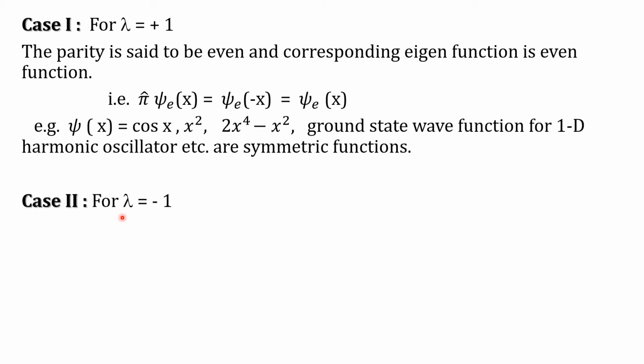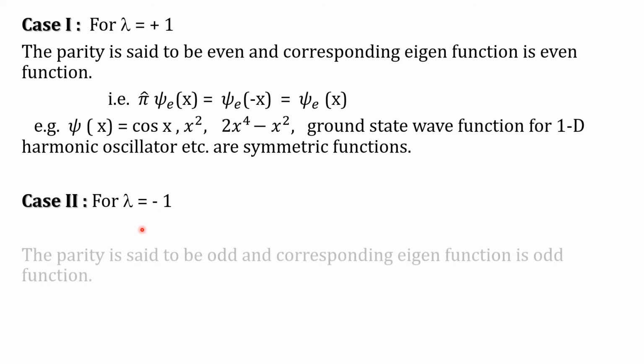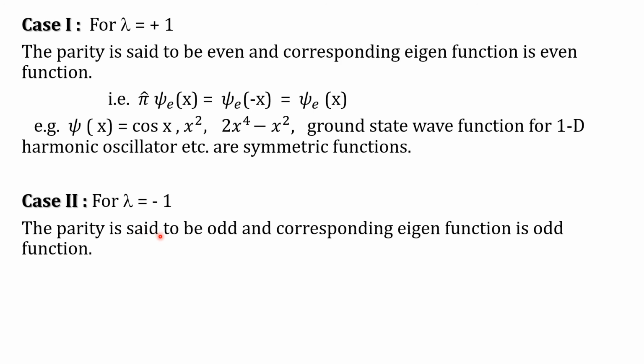For case 2, when λ is −1, the parity is said to be odd and the corresponding function is an odd function.